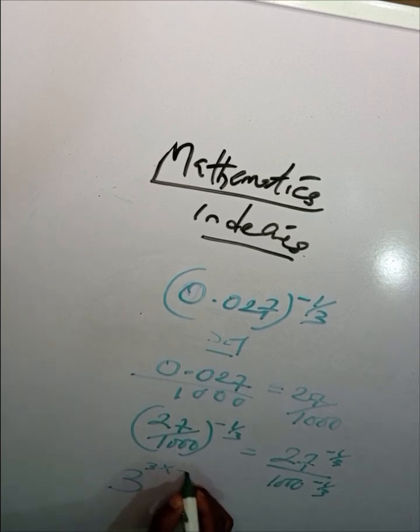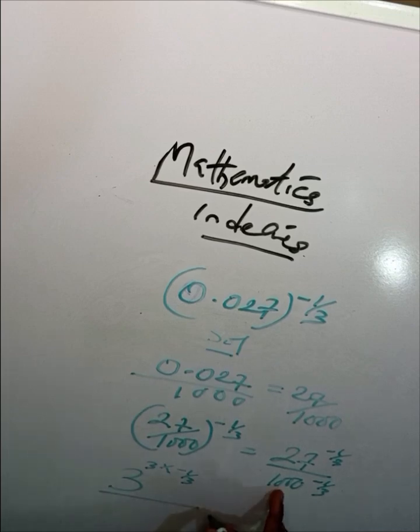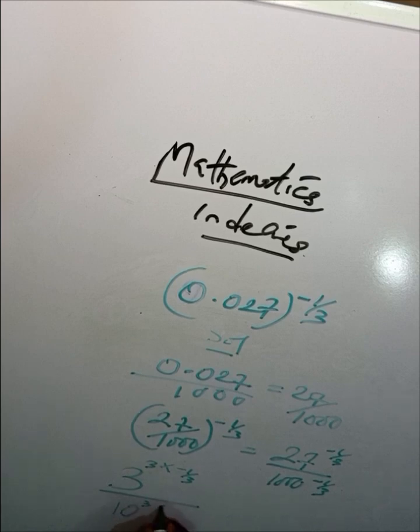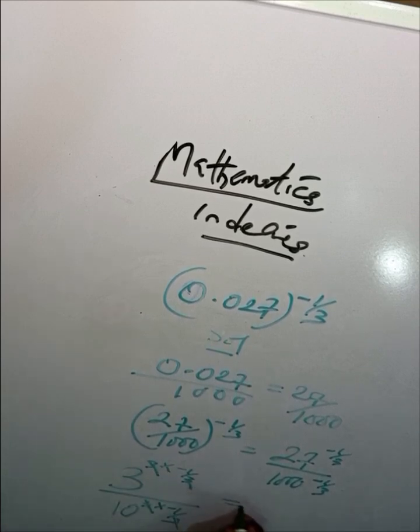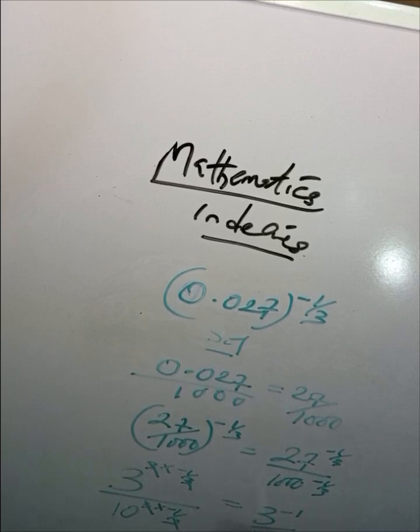Times minus 1 over 3, divided by, what can raise 1000 to power? 10 raised to power what? 3 times by minus 1 over 3. 10 times 10 is 100, 100 times 10 again is 1000. This cancels this, cancels this. What do you have now? 3 raised to power minus 1 over 10 raised to power minus 1.